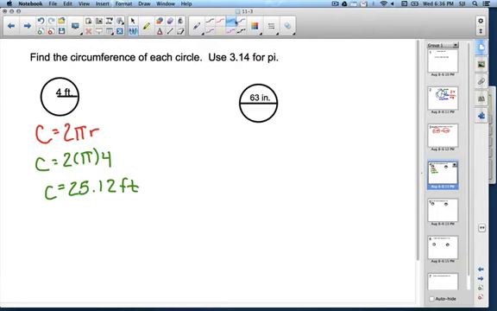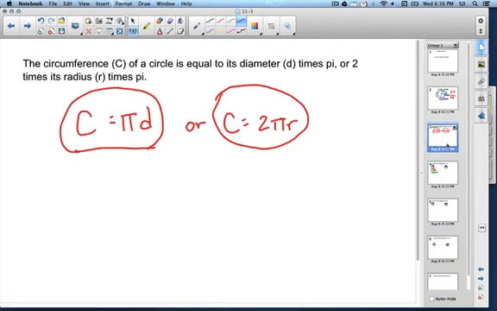Let's take a look at our next example. So we have a circle, and they tell us the distance right here, this line, is 63 inches. So, since this is a line that goes from one edge of the circle all the way to the other edge of the circle, this must be a diameter. So I'm going to go back and look at my formulas and figure out which one I want to use if I'm finding diameter.